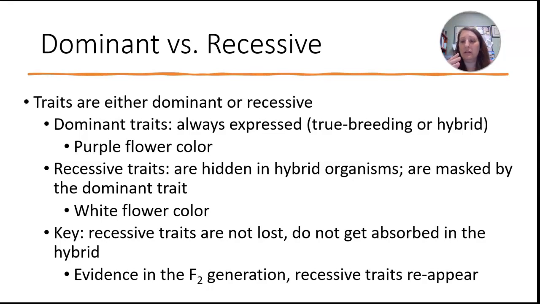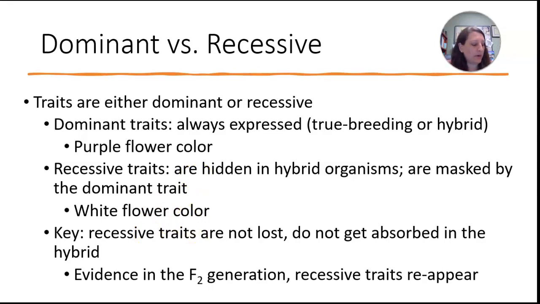So the allele coding for white flowers was hidden in the heterozygote. The only way to get a recessive trait to show up is in the homozygous recessive individuals. We'll come back to that again.